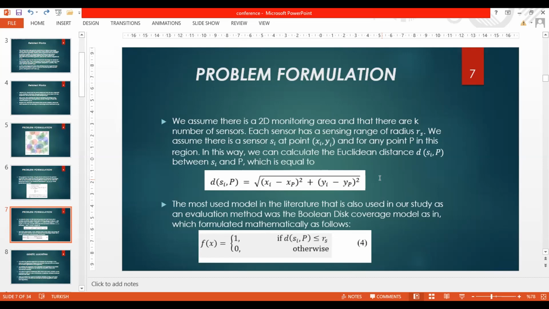The most used model in the literature, which is also used in our study as an evaluation method, was the binary disc coverage model, which is formulated mathematically as follows. If the distance between the point and the center of the sensor is less than the sensing range according to this function, it will give us the result 1. Otherwise, it will give 0.